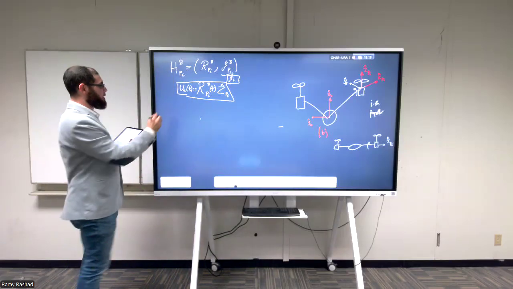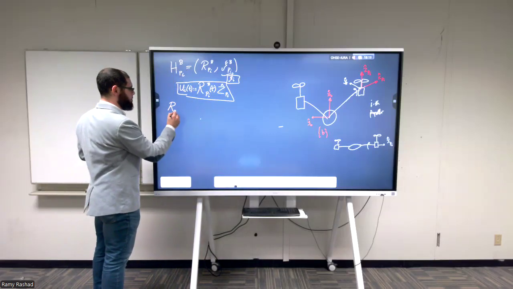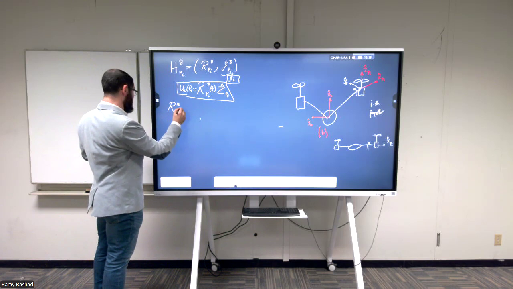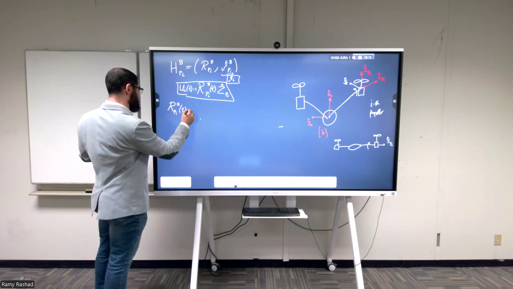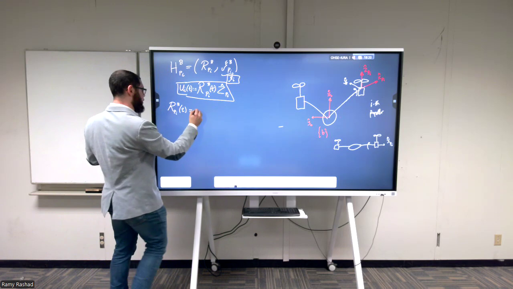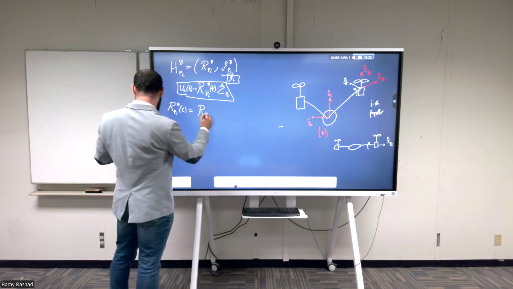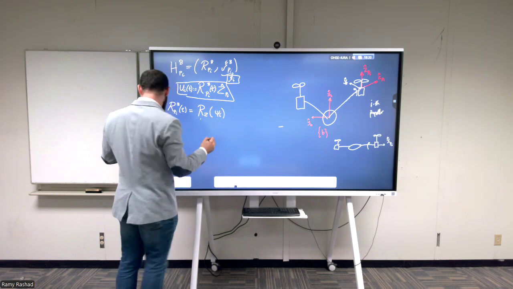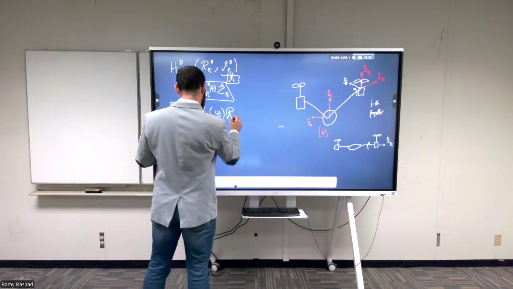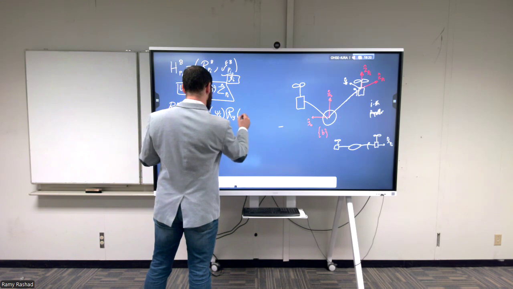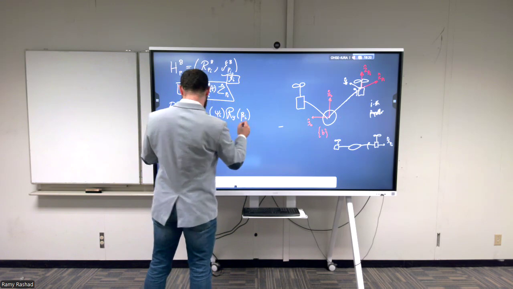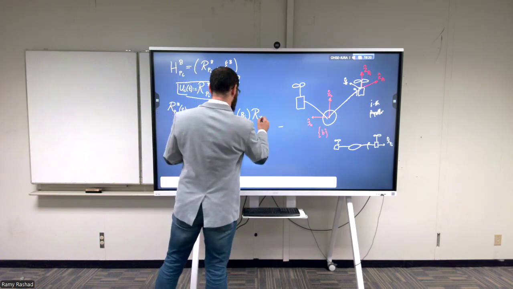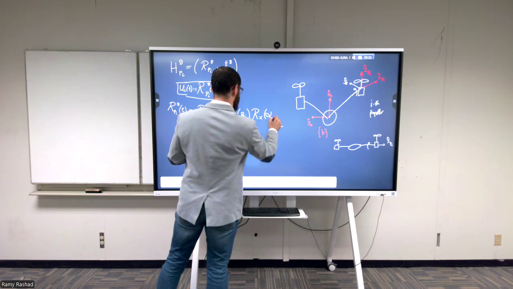So R_PI with respect to B as a function of time, we're gonna parameterize it as follows: as some rotation by an angle psi_I around the Z, another rotation around the Y of some beta, and another rotation around the X by some alpha.